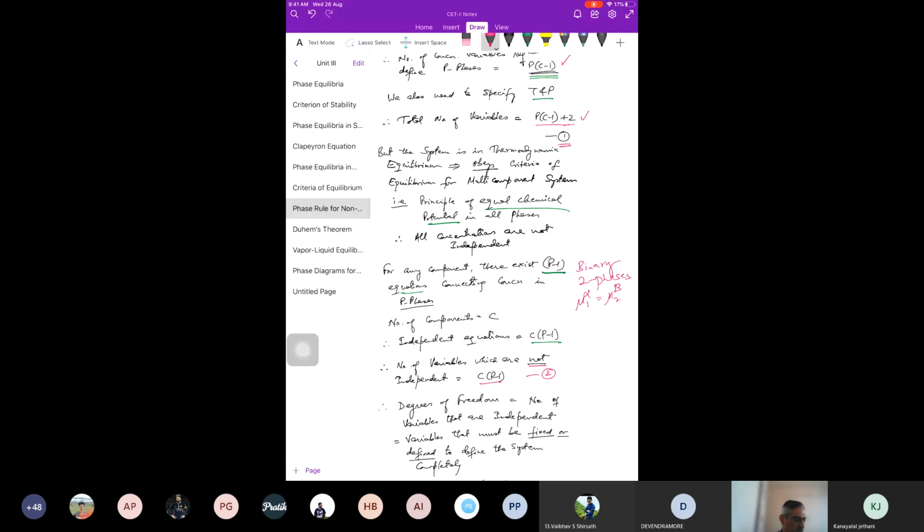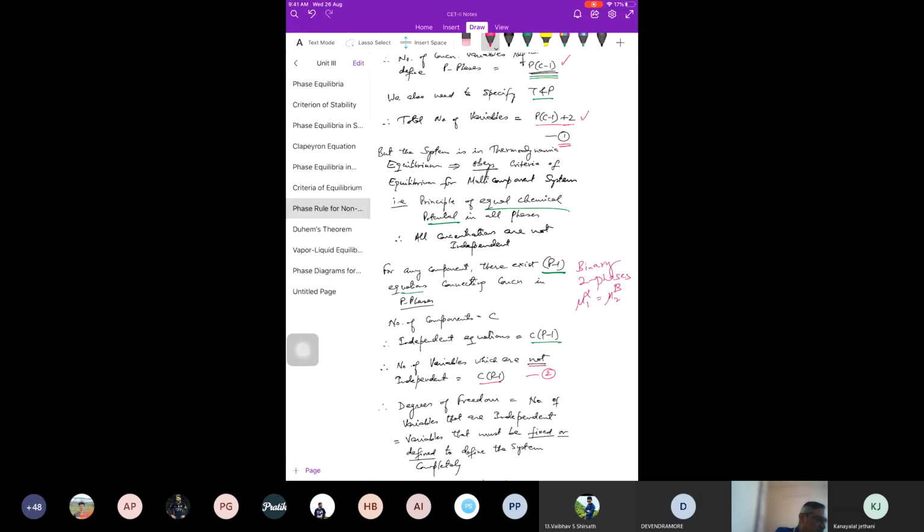Like that, that's what we are saying. For any component, there exists P minus 1 equations connecting concentration in P phases. समझ में आया ये? सर वो mu1 और is equal to mu1 रहना चाहिए ना. वही है, सेम है ना.